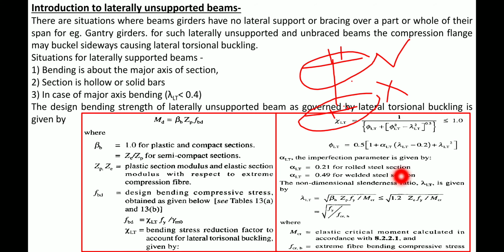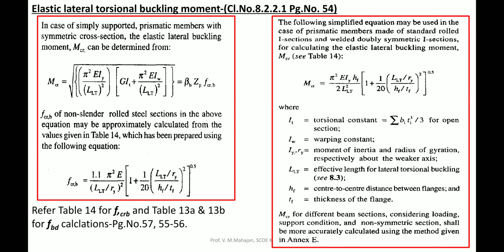For the non-dimensional slenderness ratio, lambda LT is given by lambda LT equal to under root of beta B into ZP into Fy divided by MCR, and less than or equal to under root of 1.2 times ZD into Fy divided by MCR, which is also equal to under root of Fy divided by FCRB, the critical stress, where MCR is the elastic critical moment calculated in accordance with clause number 8.2.2.1, and FCRB is the extreme fiber bending compressive stress.